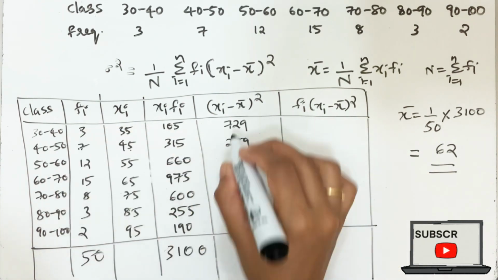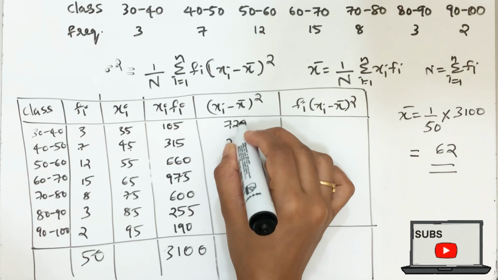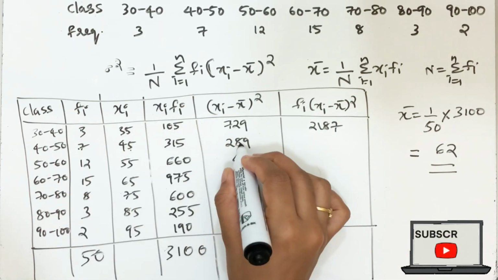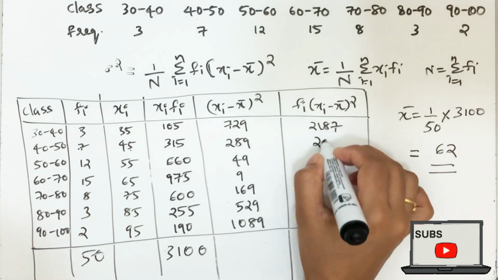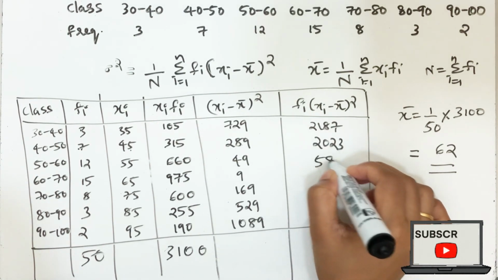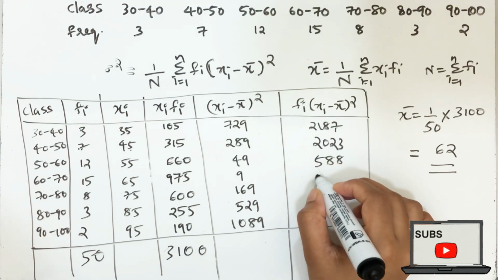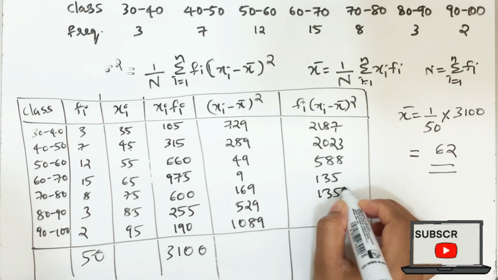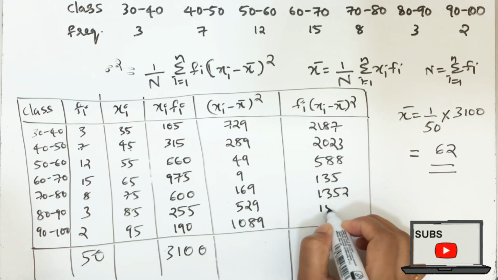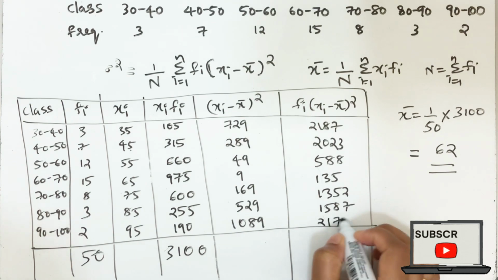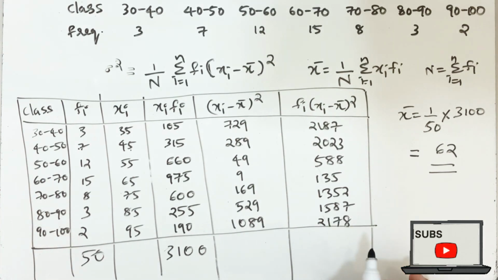That is this column into this column. 3 into 729. 7 into 289. Like that, write all values. Next, find the sum of these values.